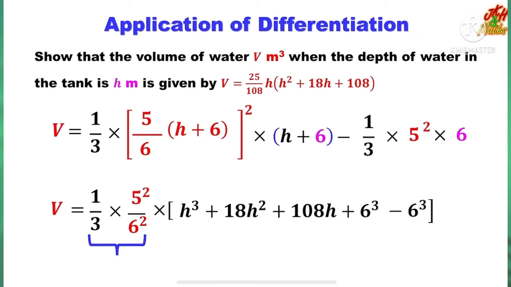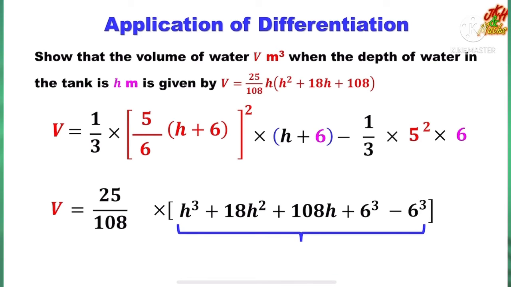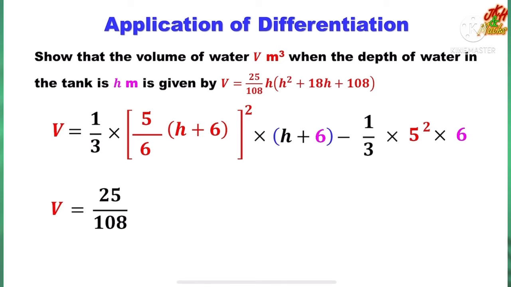And then we simplify 1/3 times π times 5² to 25π over 108. By simplifying the expression in the bracket, giving us h³ + 18h² + 108h.